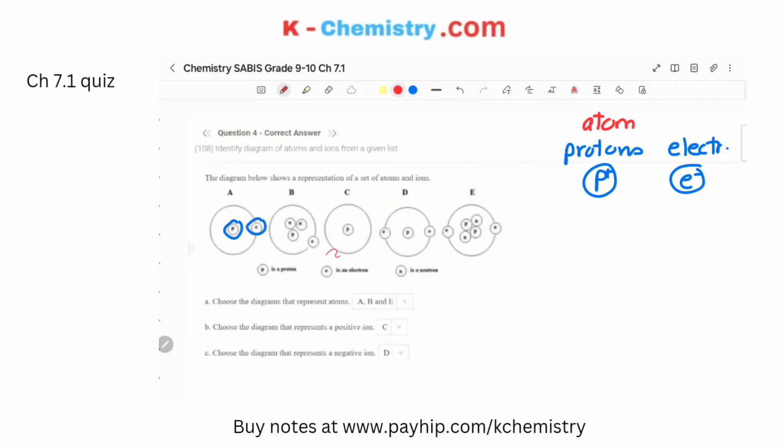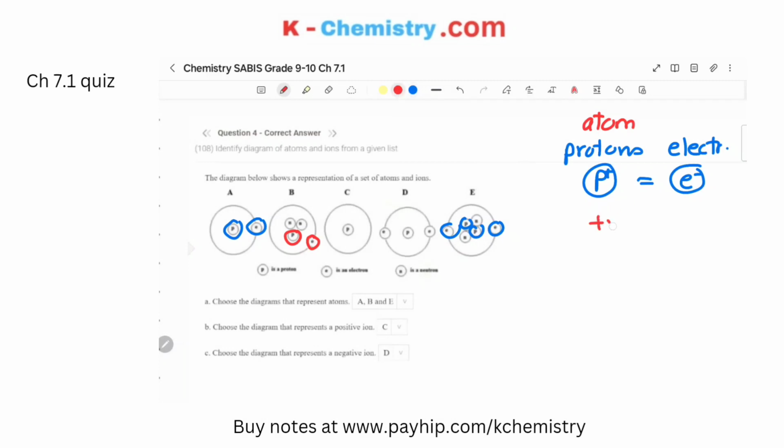This one has 2 protons and 1 electron, and this one has 2 protons and 2 electrons. C has 1 proton and no electron, so they are not the same, and E has 2 electrons and 1 proton, so not the same.